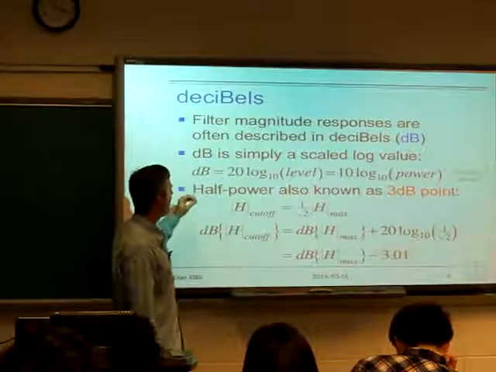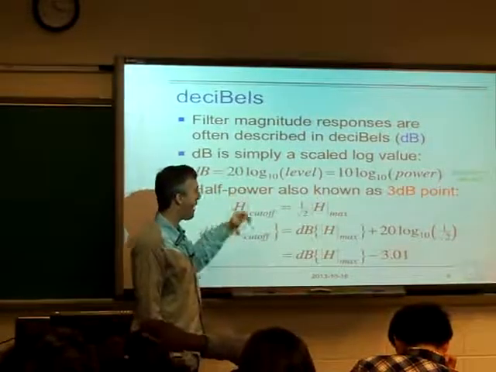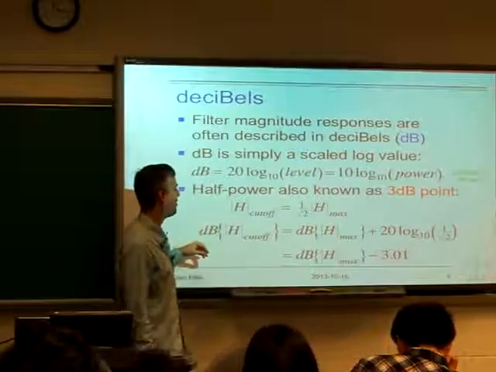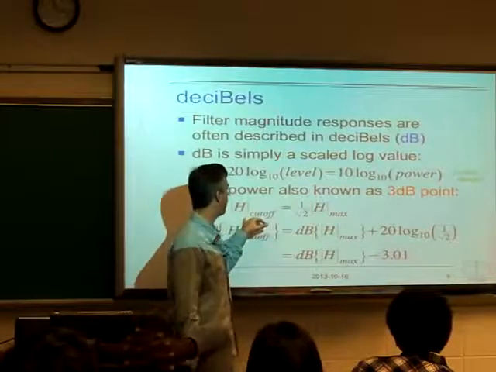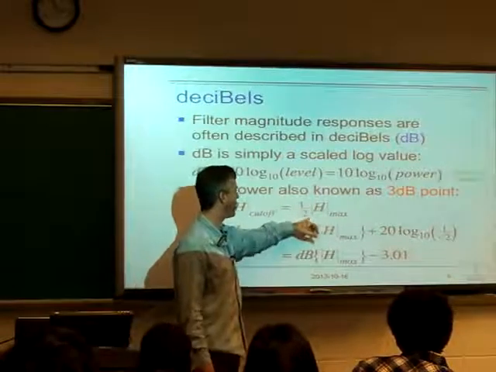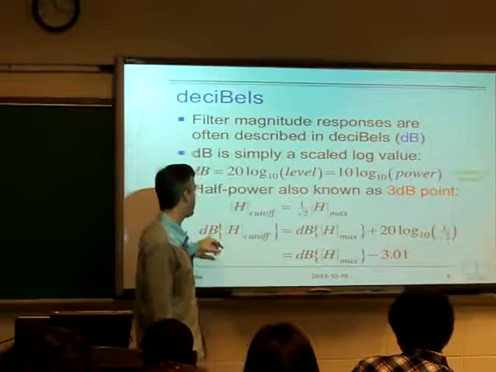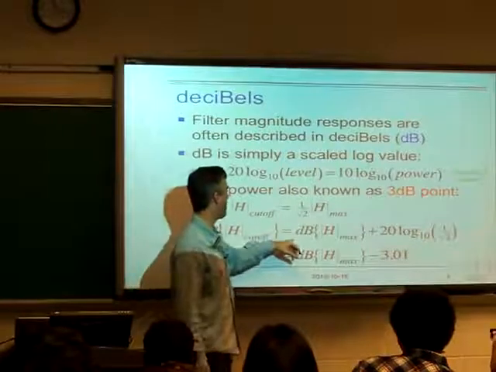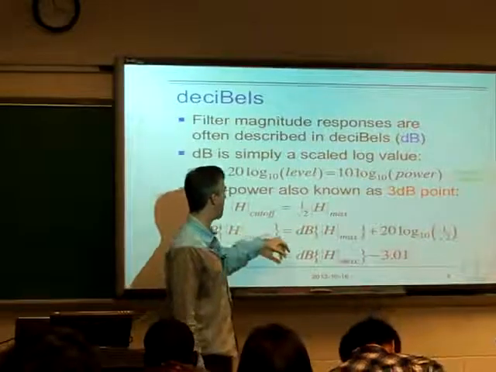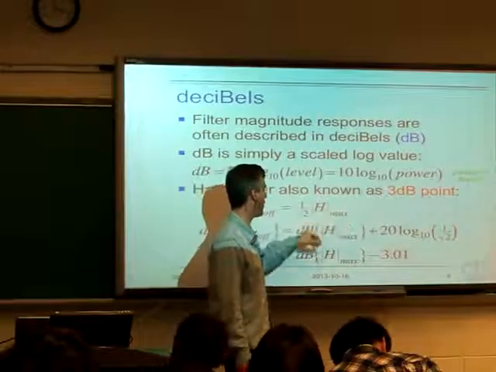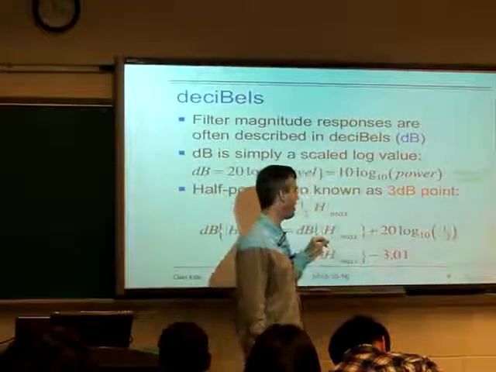If we calculate what our half power point corresponds to in the decibel scale, we're saying the magnitude at cutoff is 1 over root 2 of the peak magnitude. So we take the dB of this, which is 20 log 10. The 20 log 10 of a product is the sum of the 20 log 10s of the two things.